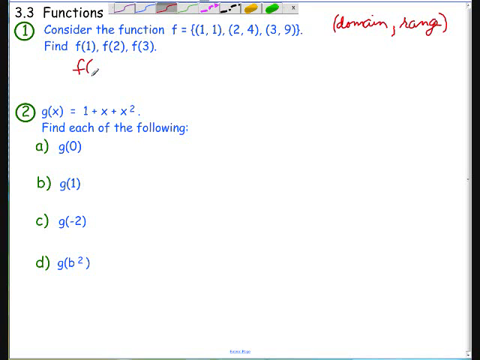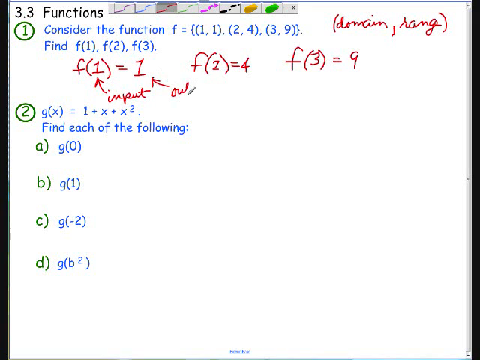So function f of 1, when we put a 1 in, we get a 1 out. Function f of 2, when we put a 2 in, we get a 4 out. Function f of 3, when I put a 3 in, I get a 9 out. So you see how that works? This is my input, and this is my output.